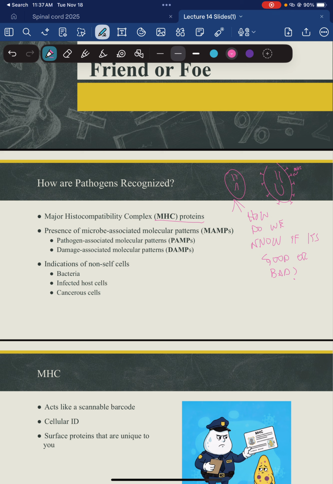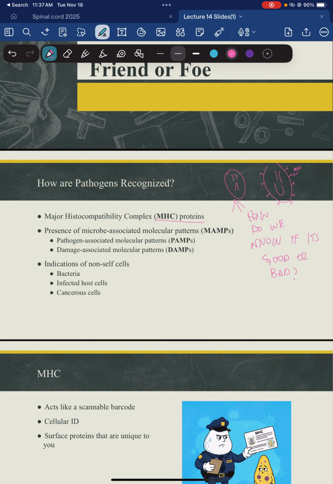You get half of it from your mom, you get half of it from your dad, which is why these are the genes that are used in maternal testing, because they're so unique to you and so unique to a father that the chances of those matching and them not being directly related as an offspring are next to zero. So very, very unique to you, which makes it good at determining which cells belong to you and which cells belong to somebody else.